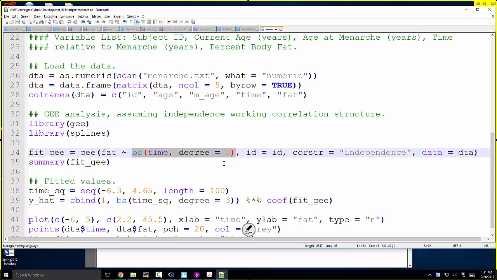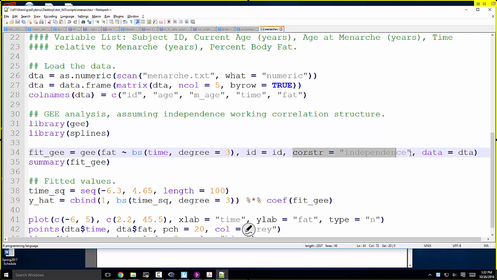BS is able to pick the number of knots automatically using some rules of thumb. So I usually just let it do that. So this is the way we use GEE, and then it's a model statement like we've been doing with regression. I have to tell it the ID variable because we're doing correlated data.